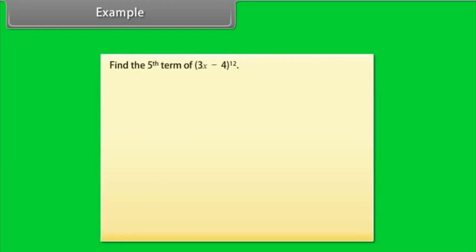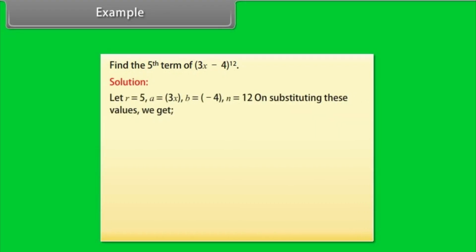Example: find the fifth term of (3x minus 4) raised to power 12. Solution: let r equal 5, a equal 3x, b equal minus 4, n equal 12.